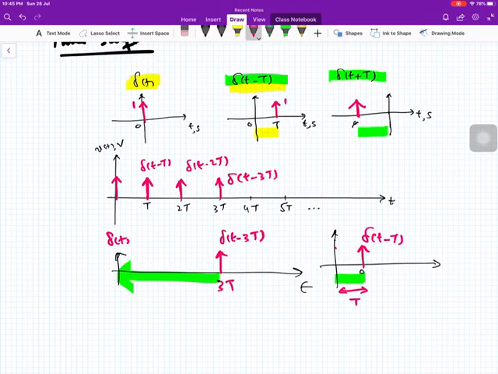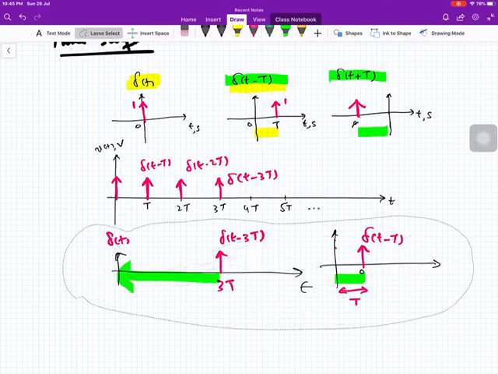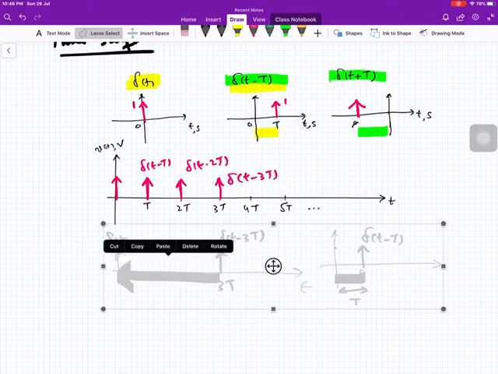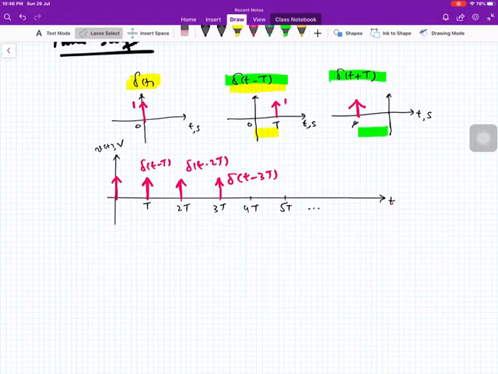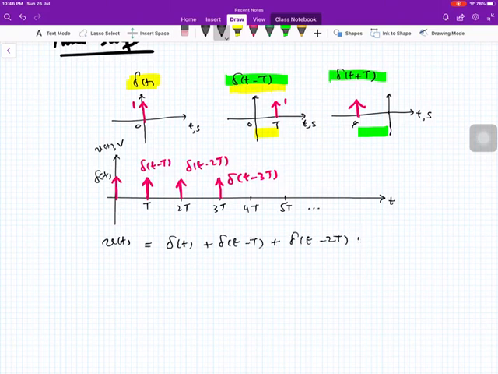Now this is a train of impulses, and this train of impulses is used extensively in electrical engineering. And this voltage is delta t plus delta t minus t plus delta t minus 2t plus delta t minus 3t, and so on and so forth.